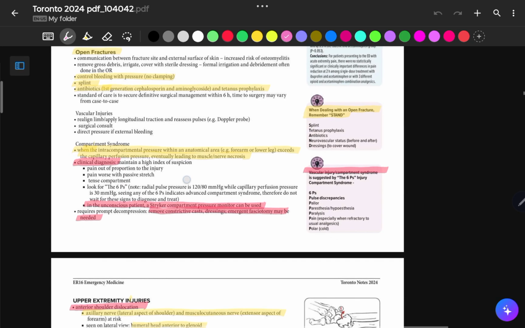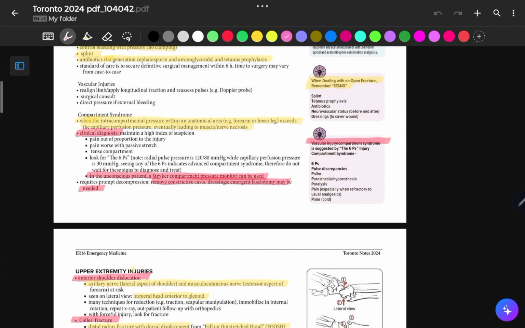Now, compartment syndrome. This is when the intracompartmental pressure within an anatomical area, let's say the forearm or the lower leg, exceeds the capillary and perfusion pressure. So basically that's when the patient starts having compartment syndrome.